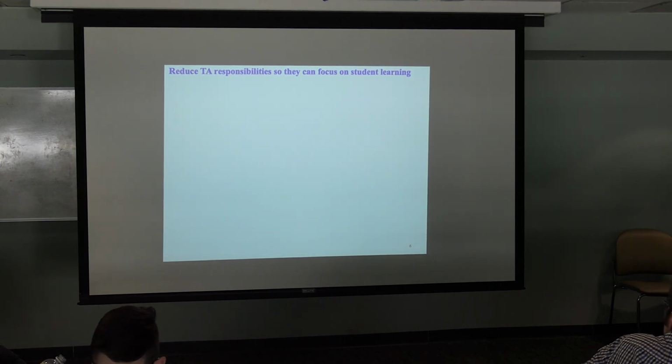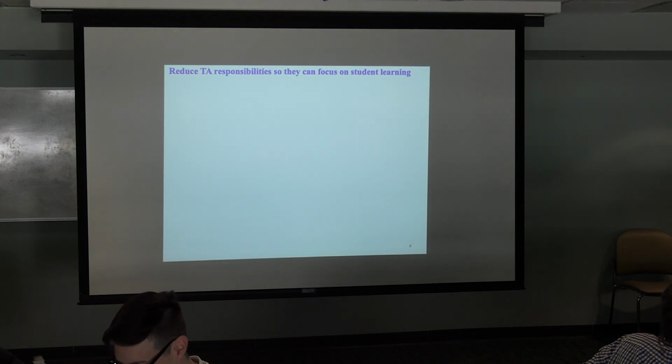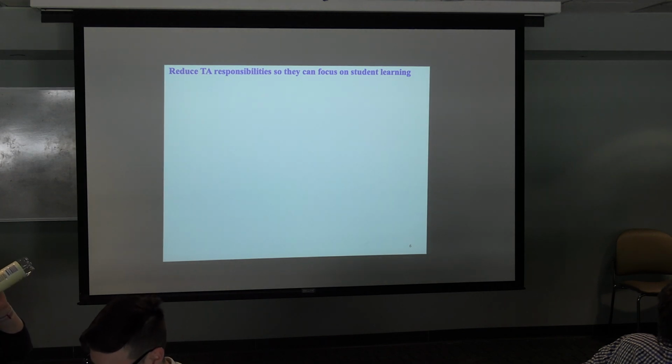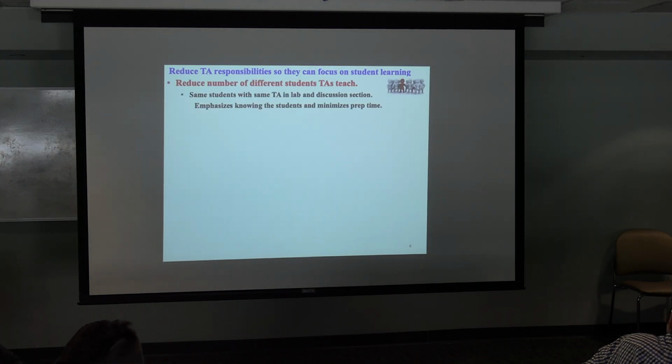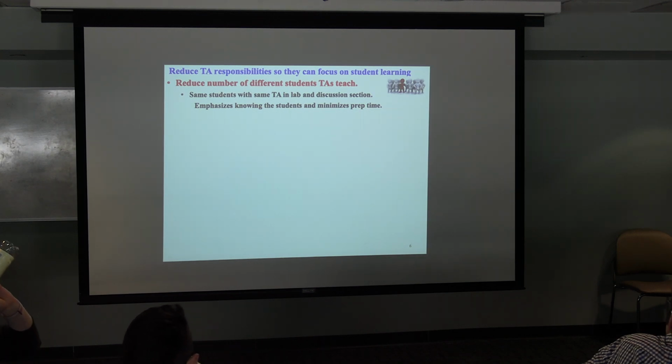Okay, so one of the things to make them more successful was to reduce their responsibilities, reduce the stuff they had to do, so that they could really focus on student learning, which is what success was. So we looked at everything, all these parts of the rock, and we chipped them away.